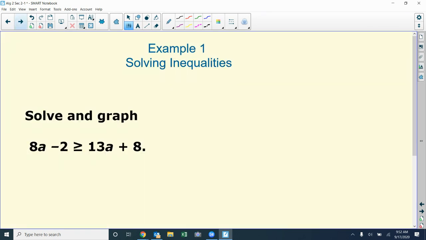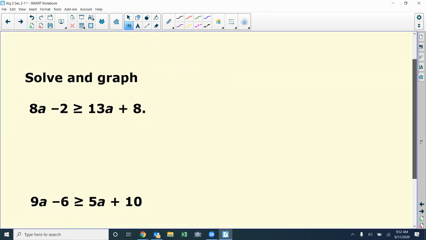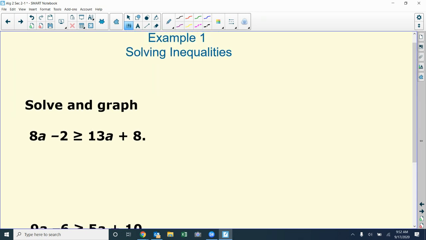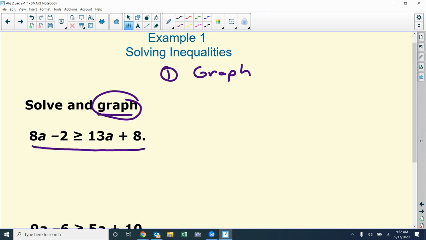Now, second main point, you got the true and false. The second point that I really want to emphasize is graph. There are a couple ways we can do a graph. Now, when this word says graph here, that means a number line. Look up here, everyone. How many variables are in this equation? Just one.